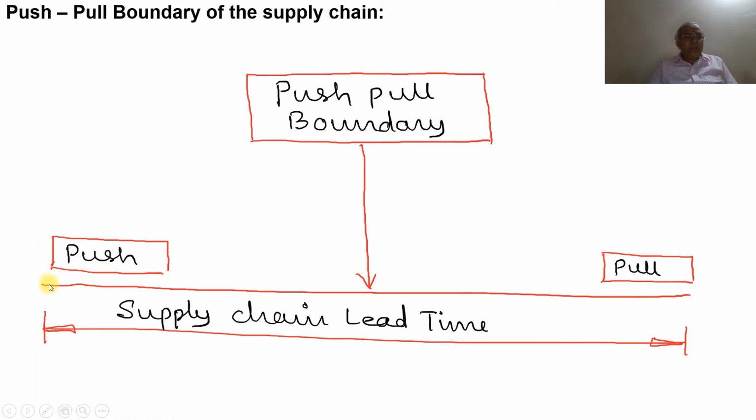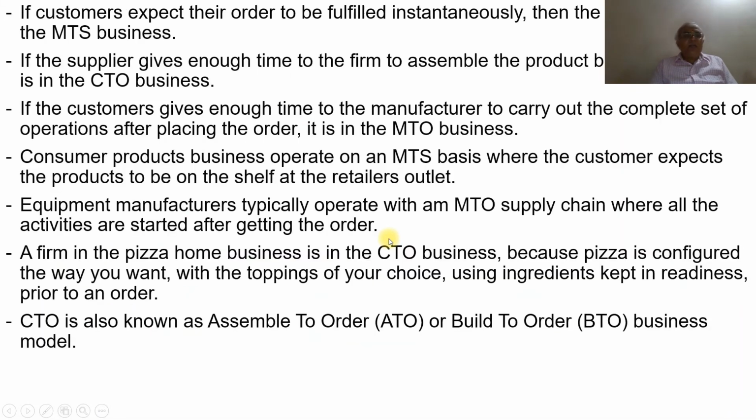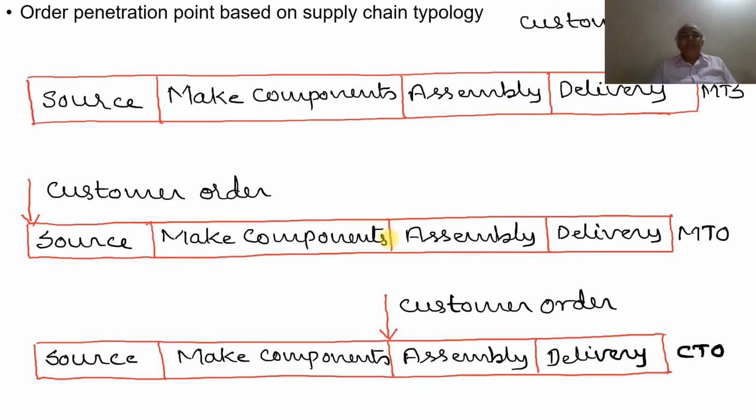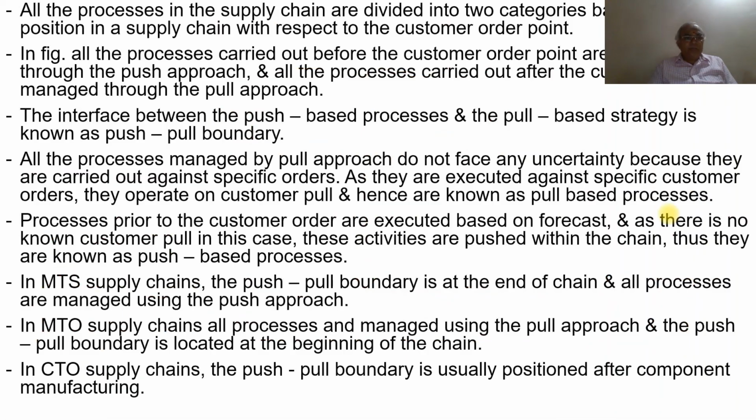Because the customer order is here, depending upon the customer's requirement, accordingly we will source the component, make the component, assemble it and deliver. That is what we do after the customer order. So source, make component, assembly and delivery will be MTO. This is push and this is pull, so it follows the pull approach.